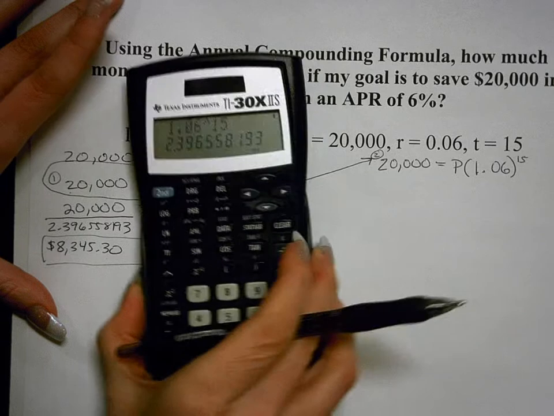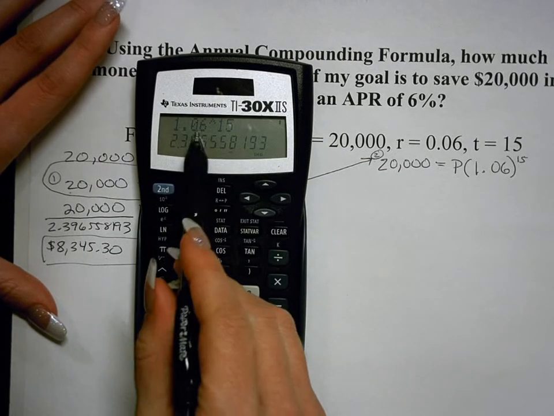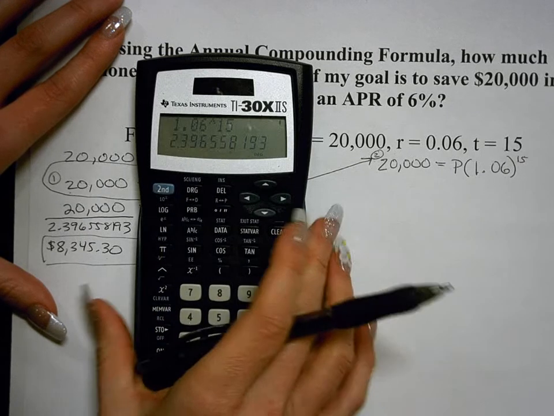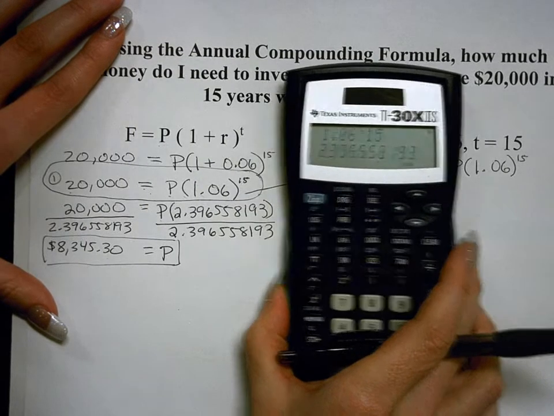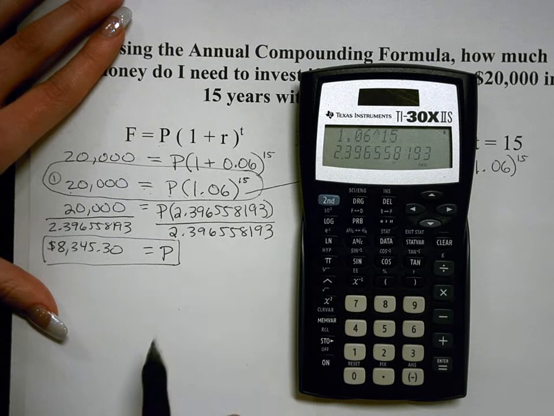Now, if you notice here on our calculator, I'm going to bring this back. 1.06 to the 15th power is the same thing as this big old long number, right? So 1.06 to the 15th power is the same thing as this number.